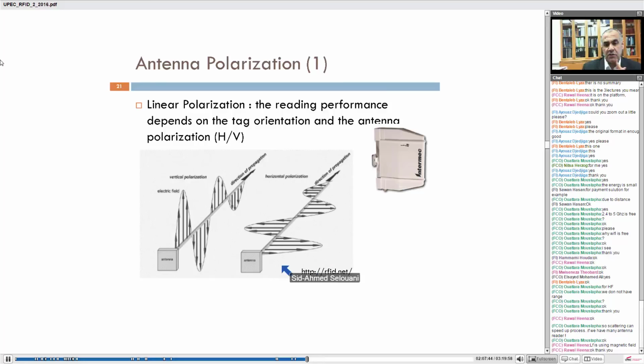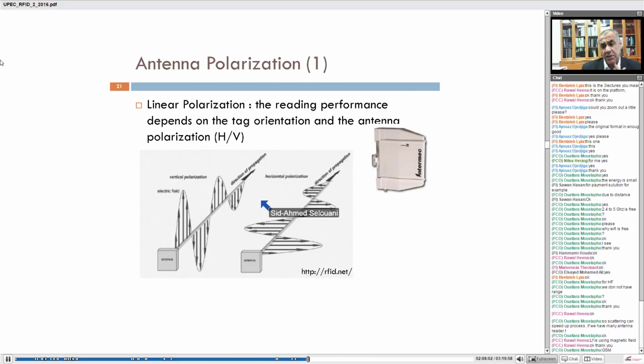With linear polarization, the reading depends on the tag orientation relative to the antenna polarization. And remember that the polarization is linked to the electric field. So there is vertical polarization and horizontal polarization, relative to the direction of propagation.